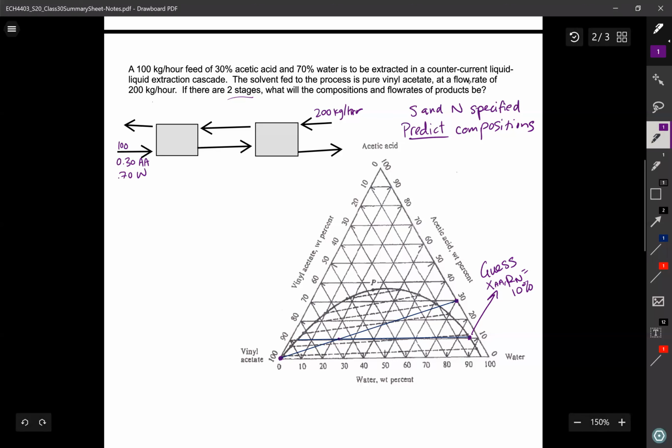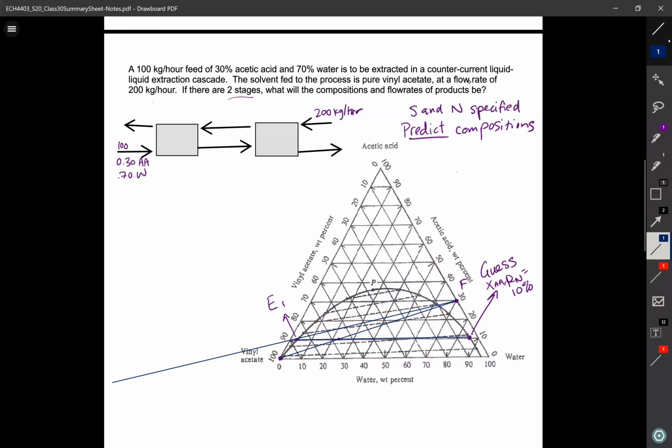Then that will tell me what my E1 point ought to be. All right, so E1 is there, and I can do this all graphically again. So now that I know where F and E1 are, I can connect them with a mixing line, and I'm going to want to extend this much beyond the space of the diagram and do the same thing for Rn to S.